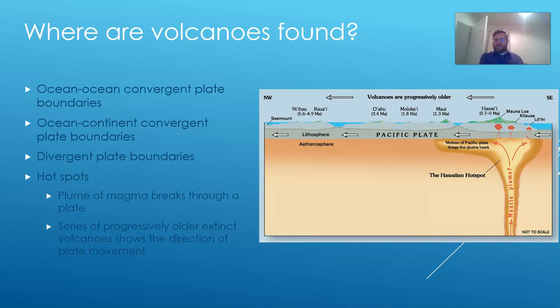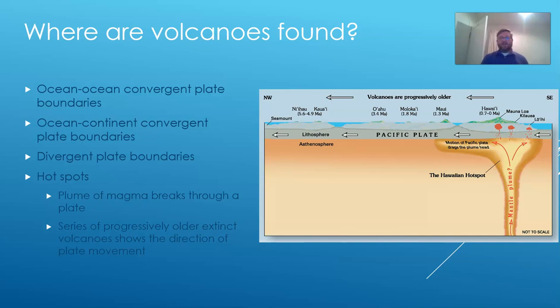And then as you continue moving northwestward, you get seamounts. So you get old volcanoes that are so eroded down that they don't stick out of the ocean anymore. But they're there. We can find them on the floor of the ocean. So the biggest island is the one that's being actively built up through volcanic activity, and then they get smaller because they've eroded down.